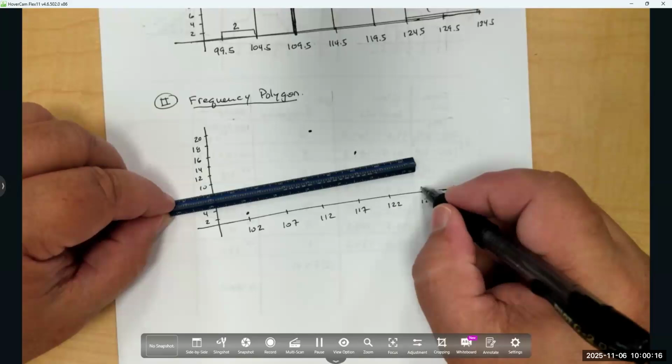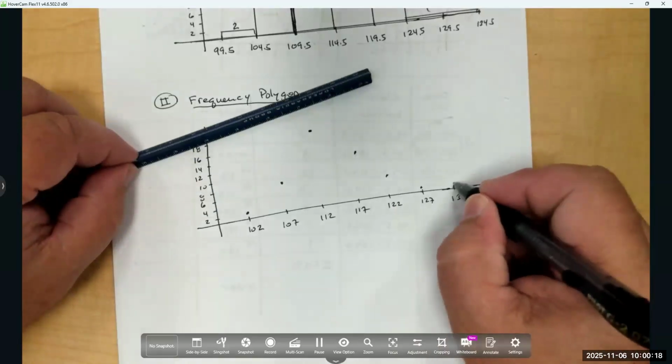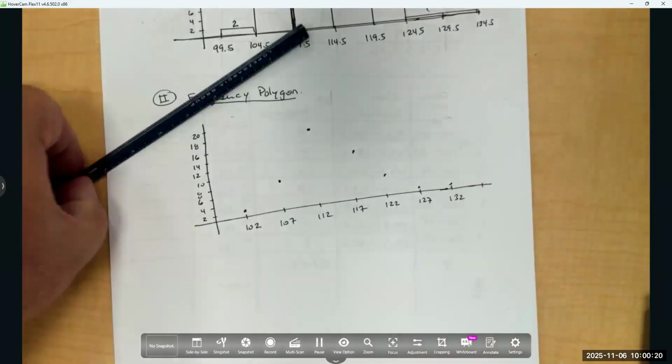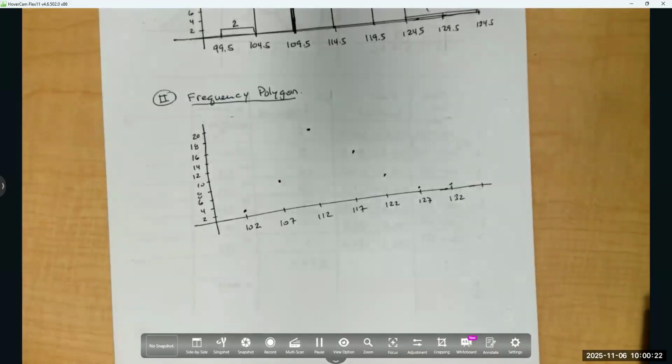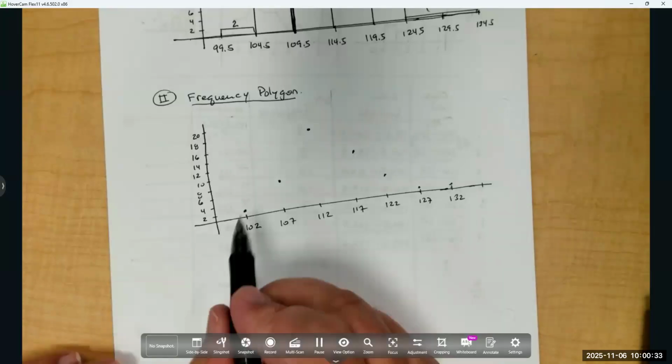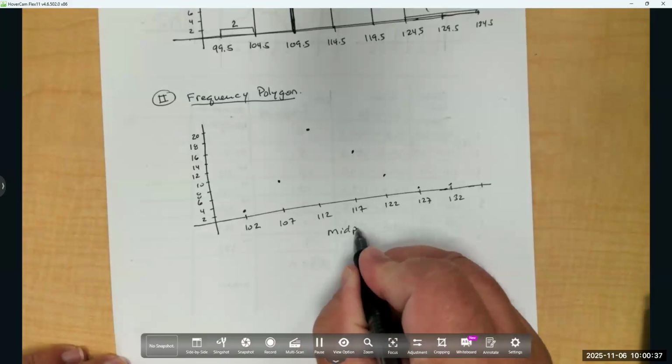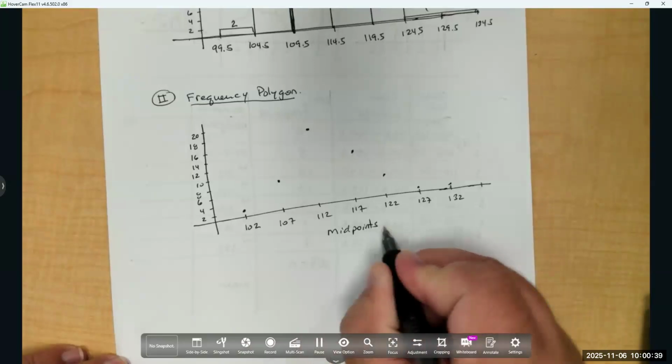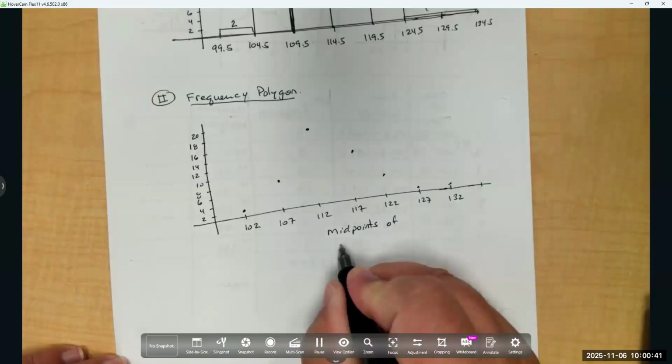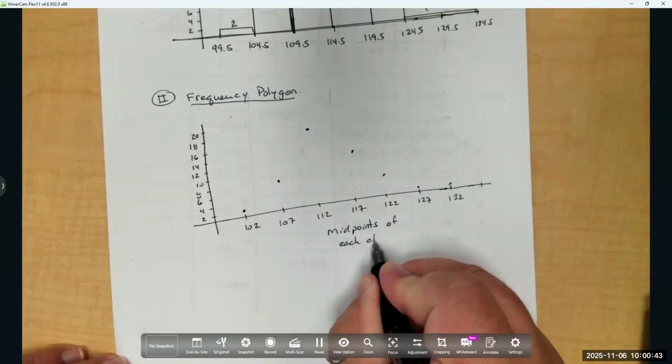Then 1 and 1. Now, these numbers here represent the midpoints of each class.